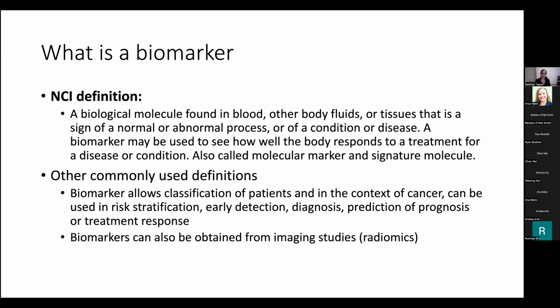For example, there's an entire field of radiomics whereby you can quantify what you're seeing in an image in various ways. Once you've done that quantification, I would argue that those are biomarkers too, that you can use and analyze in these contexts. So I take a very general approach: a biomarker is something that we measure in a patient and use to make decisions about the patient, whatever the context in the spectrum of cancer.